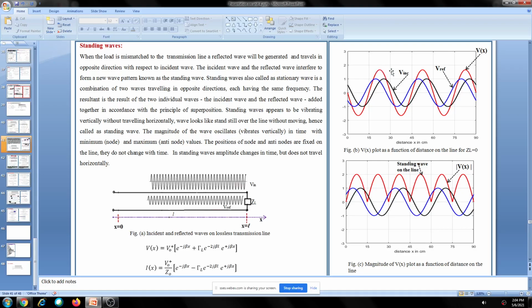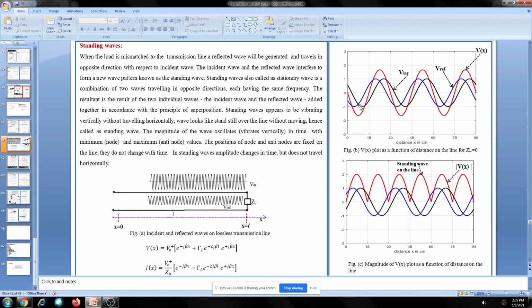This peak doesn't move in either direction, but if you consider the peak of the reflected or incident wave, they will move with respect to time. The position of this resultant wave doesn't move. It remains always here only. That is why the addition of these two gives rise to the standing wave, and the resultant looks like this red one that I am showing here.